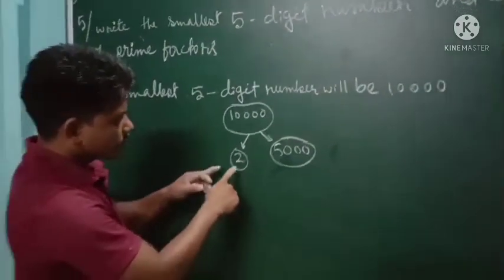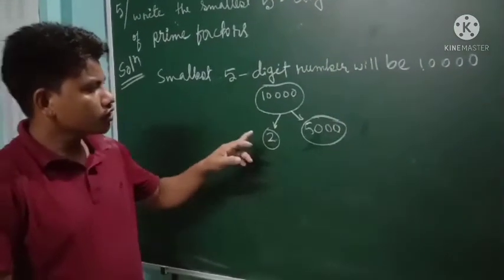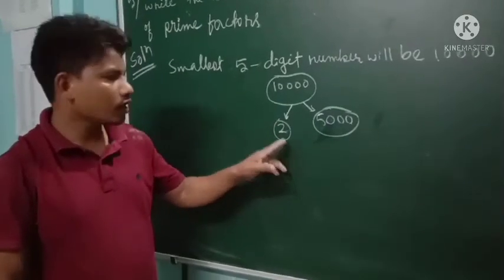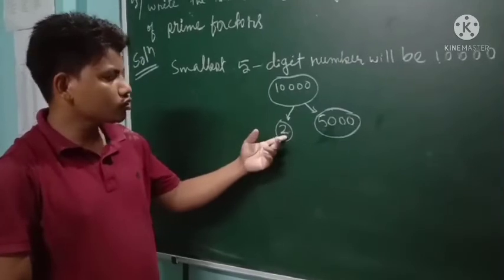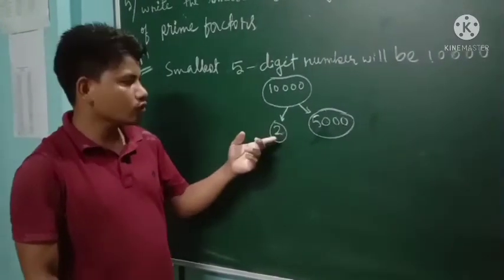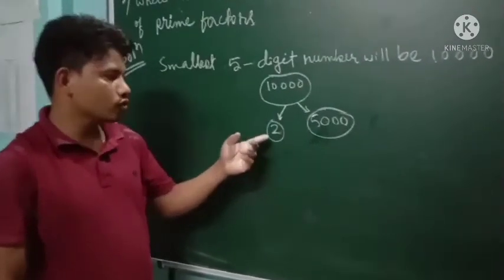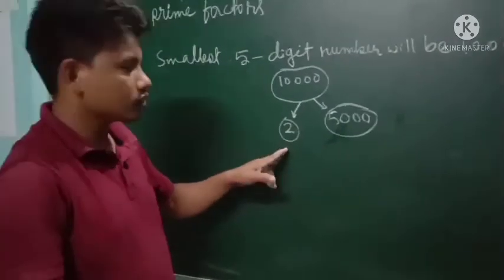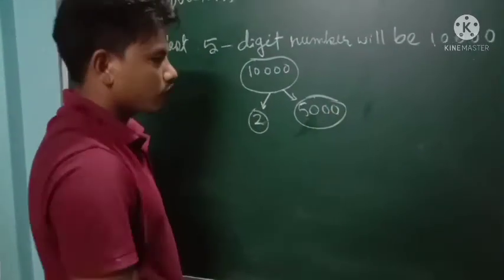So again this 2, in this 2 you will get factors 1 into 2, but without mentioning 1 into 2, this 2 already ends itself. So no need to write factors here. So we have to think this is finished. It means this factor is end. Now this is 5,000.